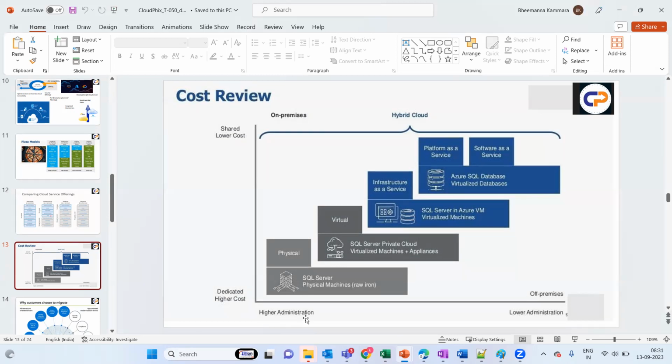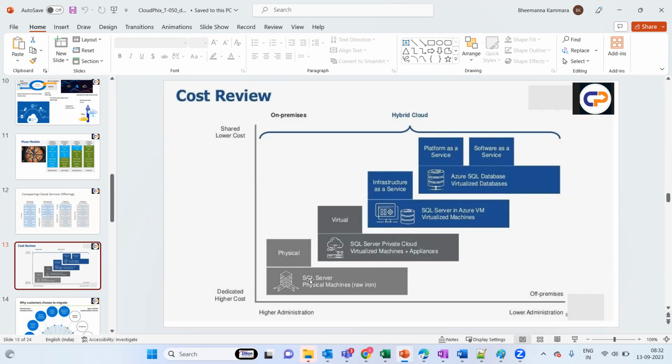So there is higher administration and higher cost. The cost was somewhat reduced with virtualization, when VMware came into the picture. You have a bare metal server, and on top of it you maintain multiple machines.